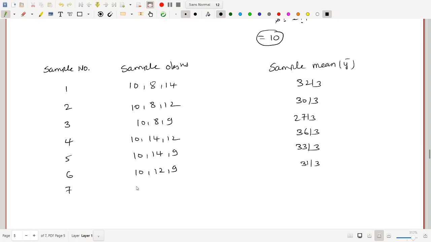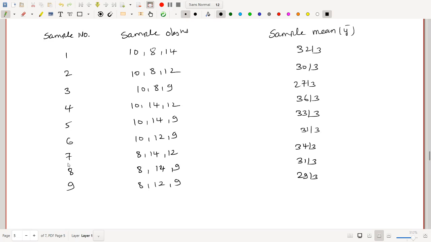Seventh one will be 8, 14, 12 and its mean will be 34 divided by 3. Eighth one will be 8, 14, 9 and its mean will be 31 divided by 3. Ninth one will be 8, 12, 9 and its mean is 29 divided by 3. And the 10th one will be 14, 12, 9 and its mean is 35 divided by 3.